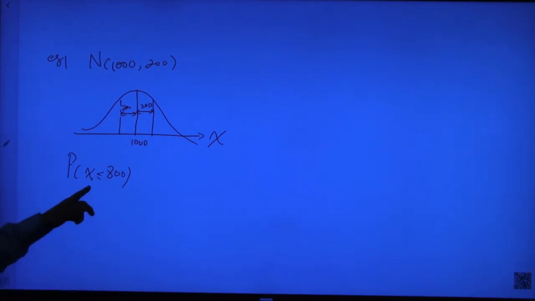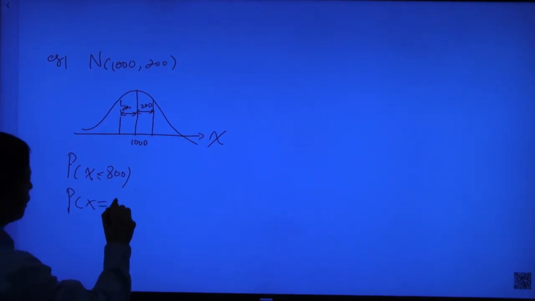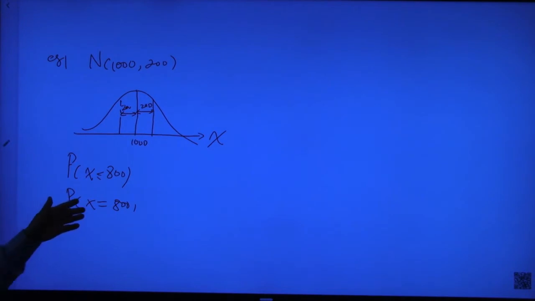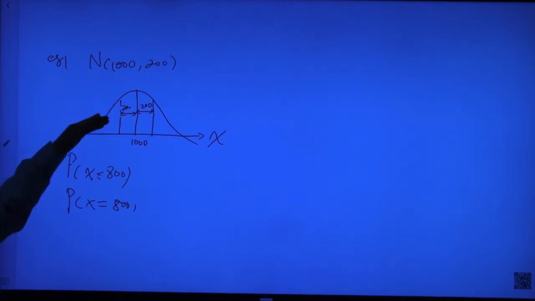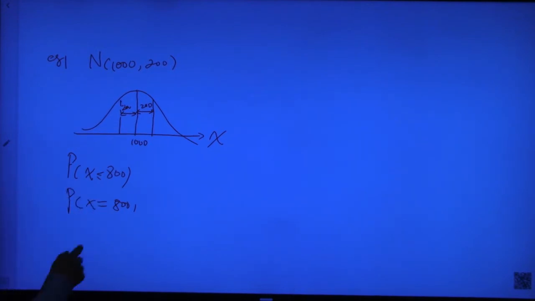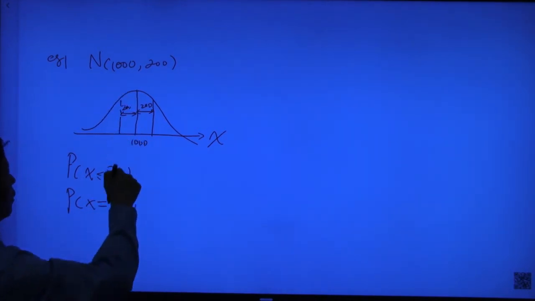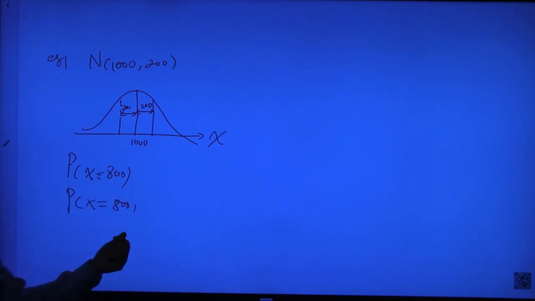The reason is, let's discuss this. What's the probability that x equals 800? We know that the probability corresponds to the area under the curve and above any range. The range here is from 800 to 800. So if we draw a rectangle, the height is this, the width will be from 800 to 800, which equals 0.